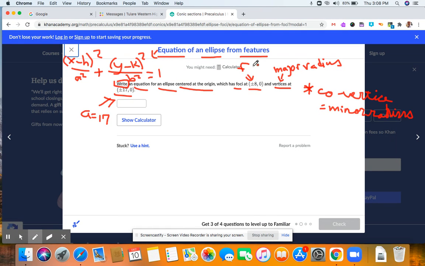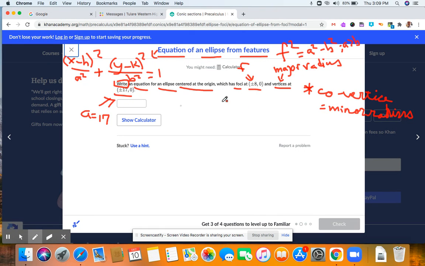And we also have foci playing a part here, so the equation of a focus is f squared is equal to a squared minus b squared, and this is where a is greater than b. Okay, so let's go ahead and just plug things in and see how it works out.